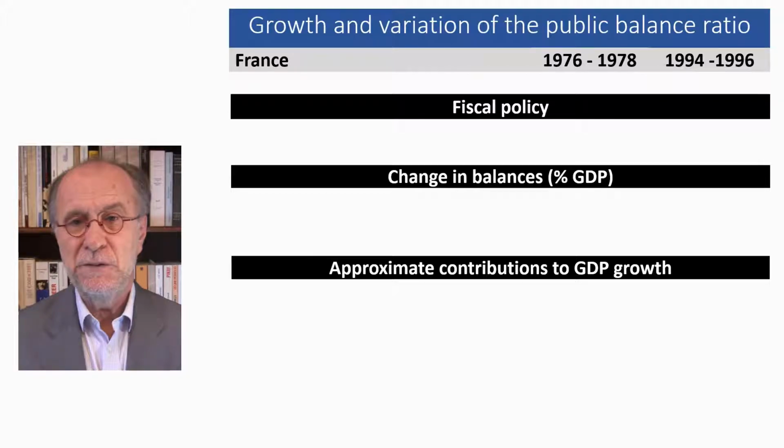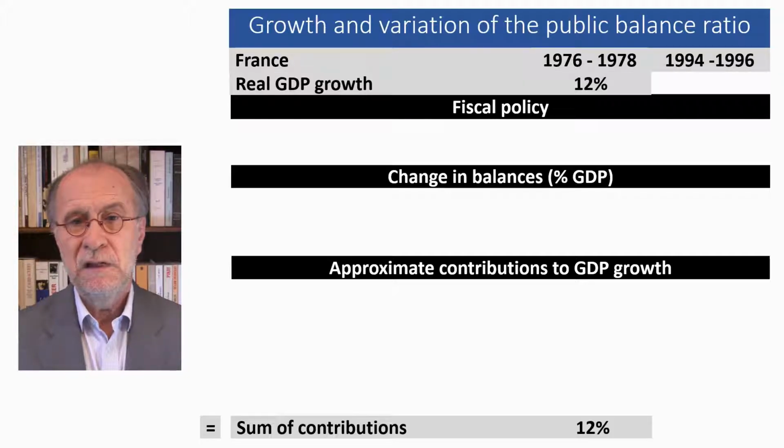In the first period, growth was strong, averaging 4% a year, or 12% for the whole period. In the second period, it was moderate, at 2% per year, or 6% for the whole period.